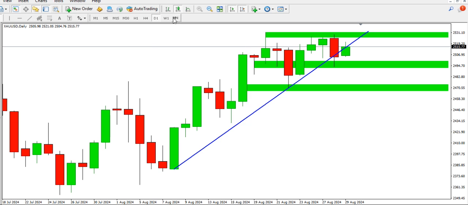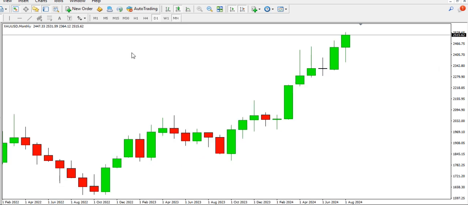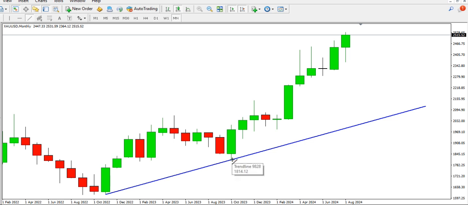Right, let's look at the monthly time frame. On the monthly time frame, we can see that the price of gold is going up, still going up. Looking at the ascending trend line, this is the ascending trend line, well respected, and price continues to move far away from it. We have another ascending trend line around here on the monthly time frame.